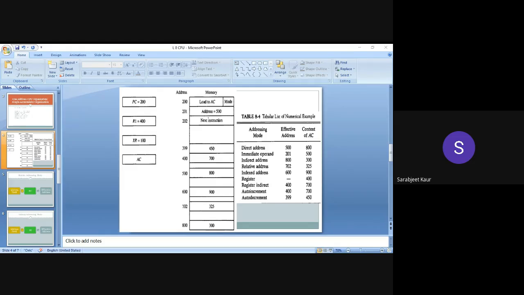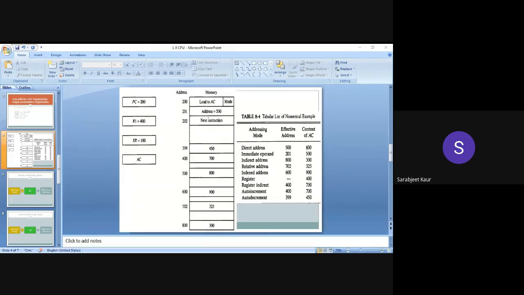Sometimes we need to branch to some other location, for example, to the starting of a subroutine. One way is to employ a BSA kind of instruction, as per your requirement.